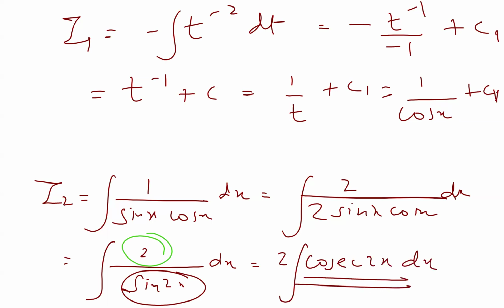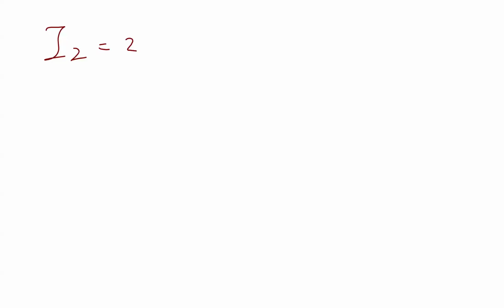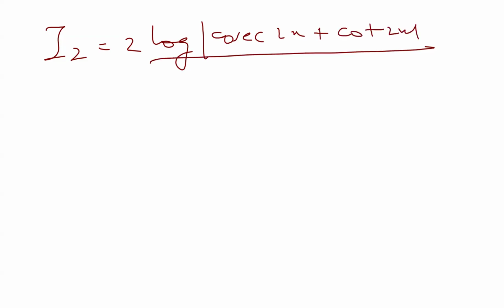Now integrate this with the formula: log mod cosec 2x minus cot 2x upon d by dx of 2x. 2x is a linear algebraic term, so this is 2, and this 2 and this 2 will get cancelled.